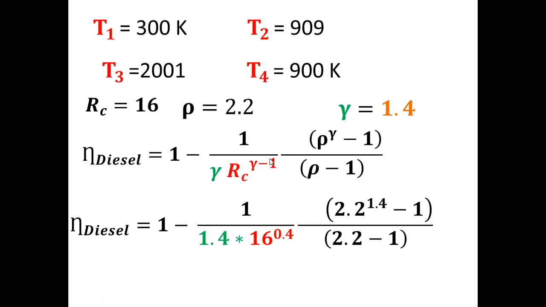Put in these values and you will get the diesel cycle efficiency as 60.4%. The diesel cycle efficiency is equal to 1 minus Cv into T4 minus T1 divided by Cp into T3 minus T2. This equation is derived by considering all the temperature, pressure and volume relations.